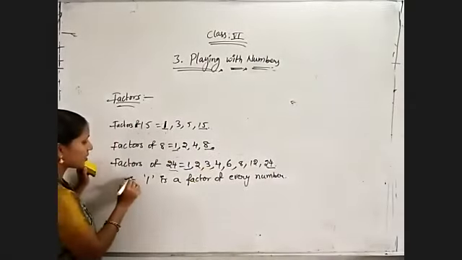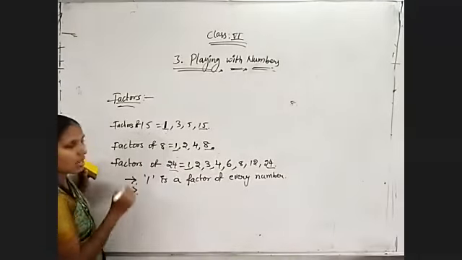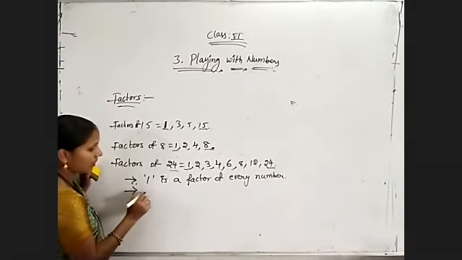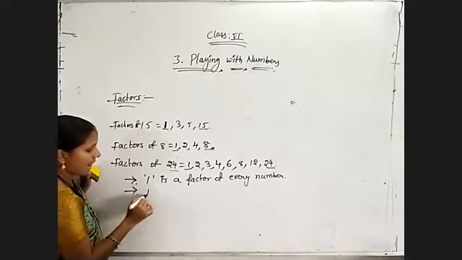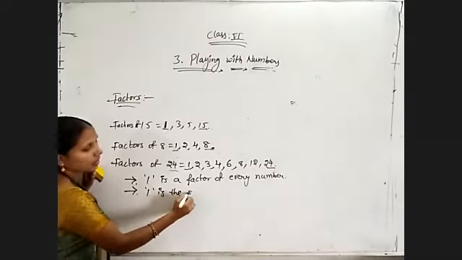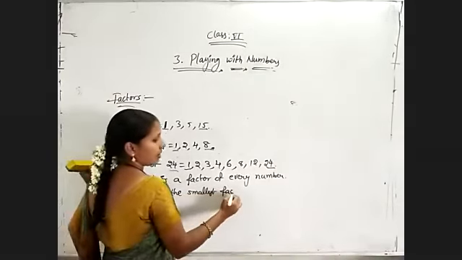Okay, first point: one is a factor of every number, and second, one is the smallest factor of every number.